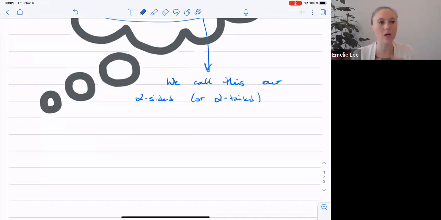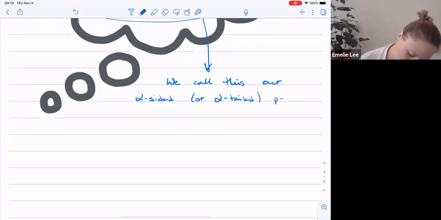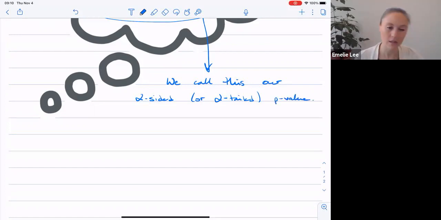I prefer calling them two-sided because I think of two sides, but that's fine. Or you can think of two tails. It doesn't matter. I think we're all on board. So we call this our two-sided p-value. Okay. So that was step 3, right?